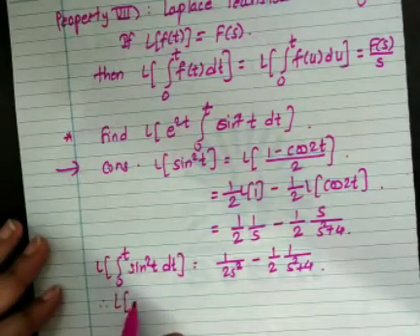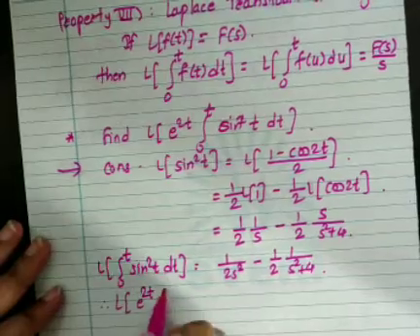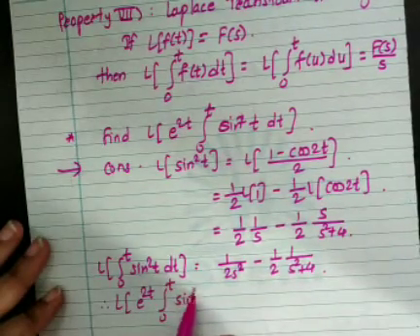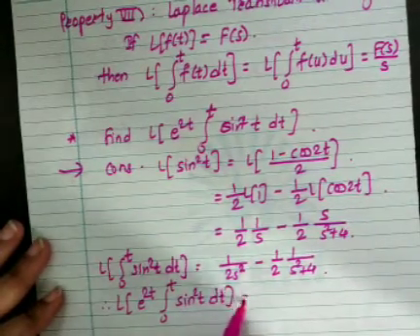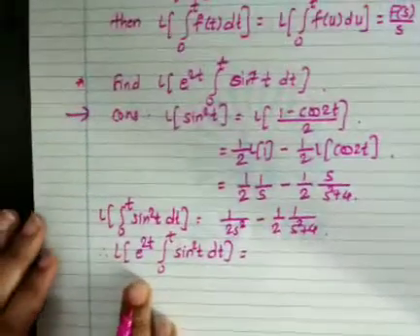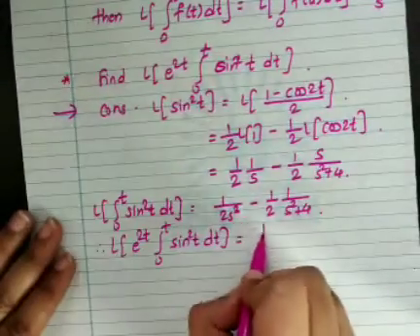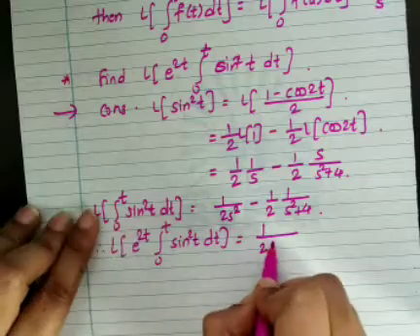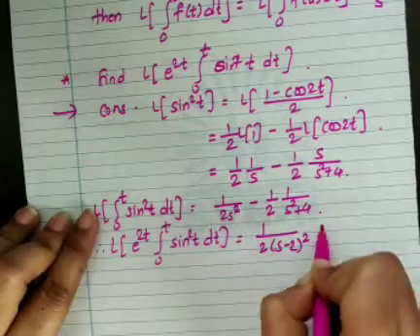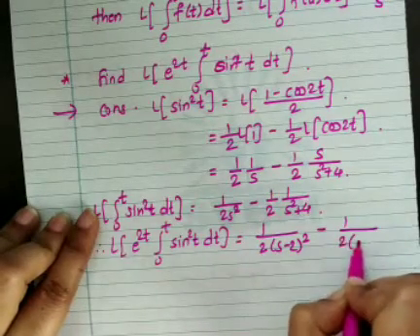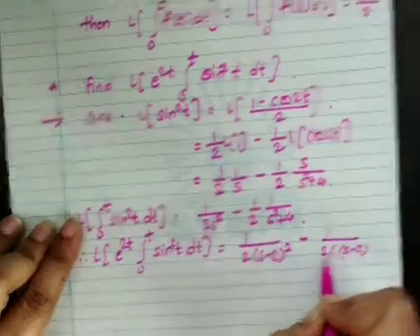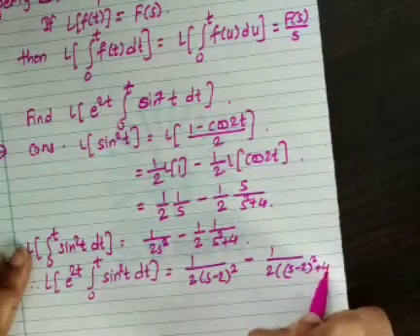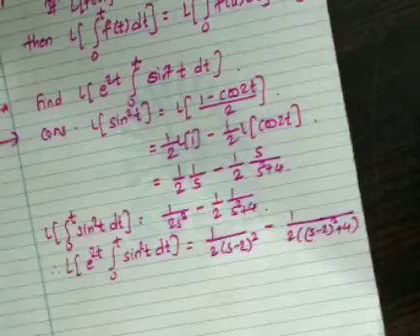Therefore, Laplace of e raised to 2t integration 0 to t sine square t dt will be, first shift says wherever there is s, we replace it by s minus 2, so 1 half into 1 upon (s minus 2) square minus 1 half into 1 upon (s minus 2) square plus 4. And this is your answer.